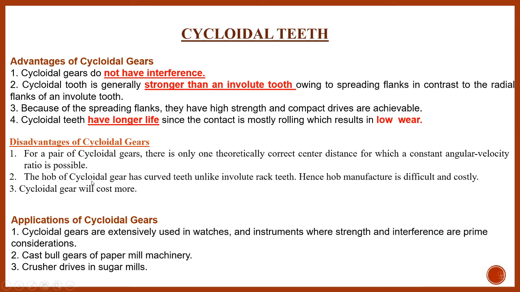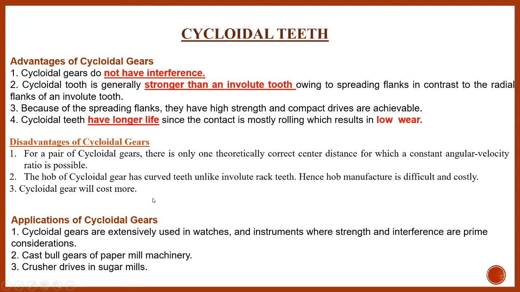The cycloid gear has curved teeth, unlike the involute. That means while manufacturing the cycloid gear, we require a complex tool. In case of the involute gear tooth profile, we have a straight edge profile. That means manufacturing the cycloid gear tooth profile is a costly and difficult affair.